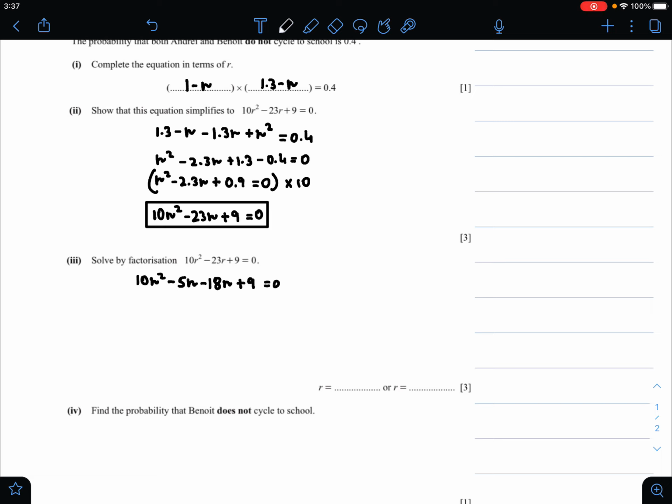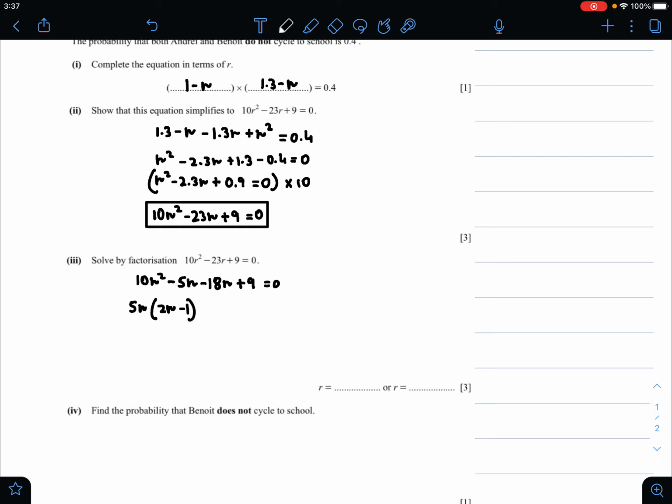Now we remove what is common between the first two terms, that is 5r. So 10r square divided by 5r is 2r, and negative 5r divided by 5r is negative 1. Now we remove what is common between the second two terms, negative 18r and 9.